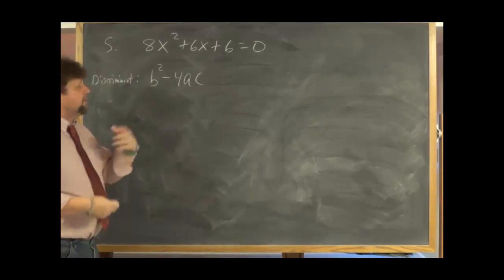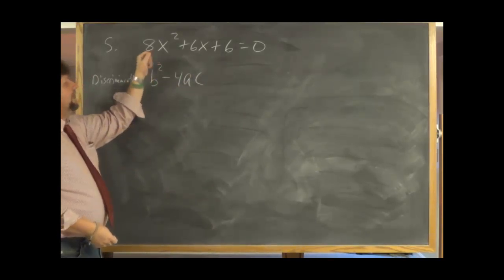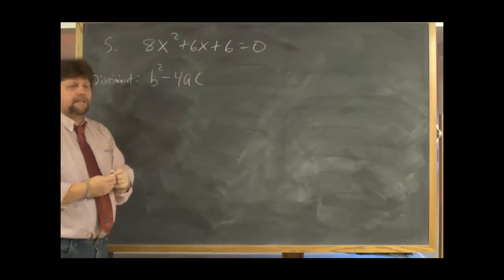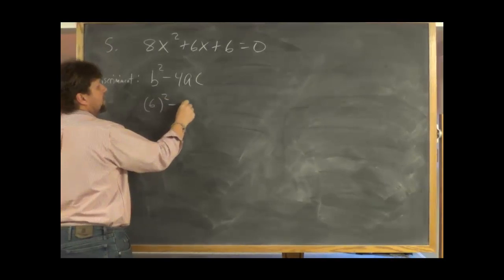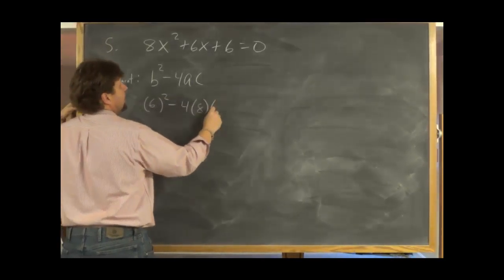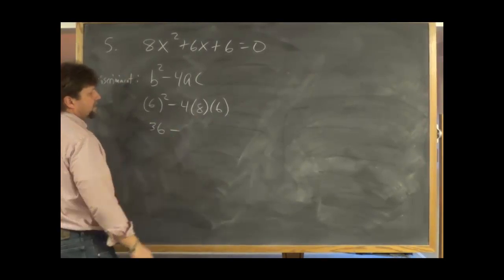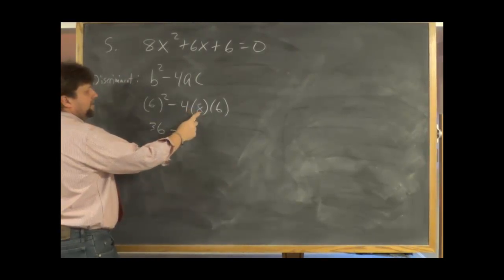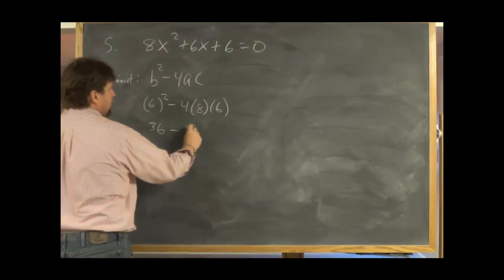So all we have to do is compute the discriminant here. B is 6, A is 8, C is 6. So if I substitute those in, I get 6 squared minus 4 times 8 times 6. That's 36 minus, 4 times 8 times 6. That's 192.